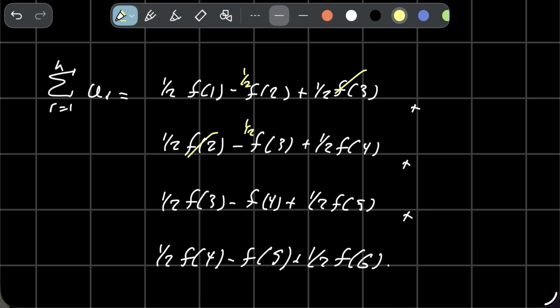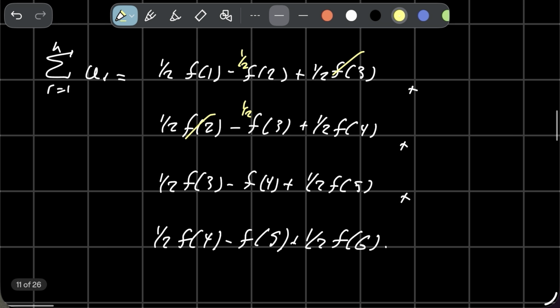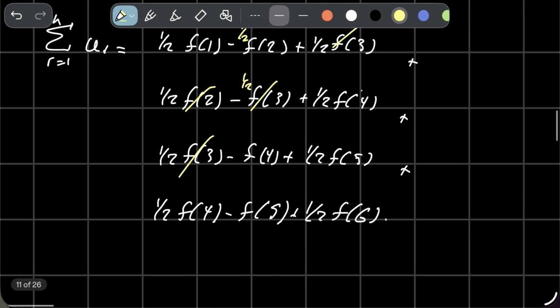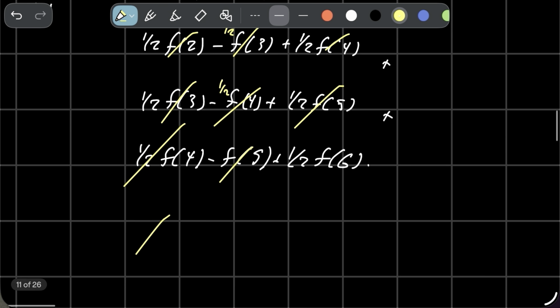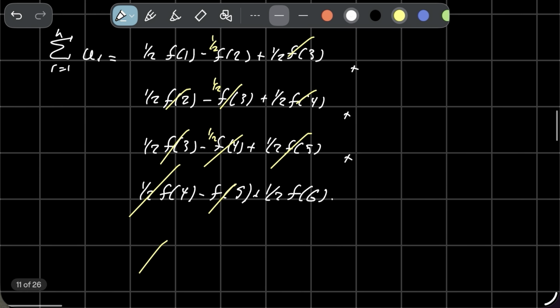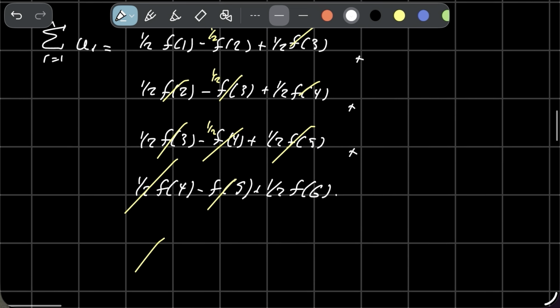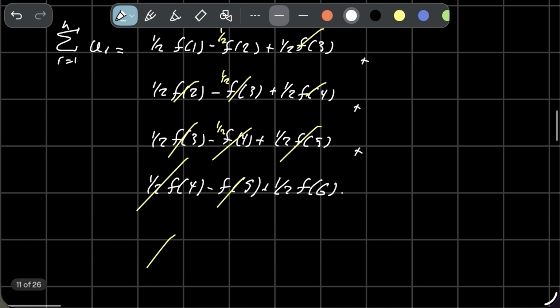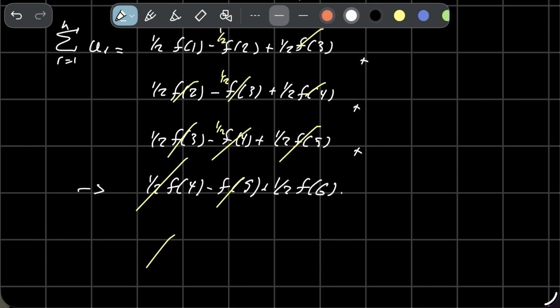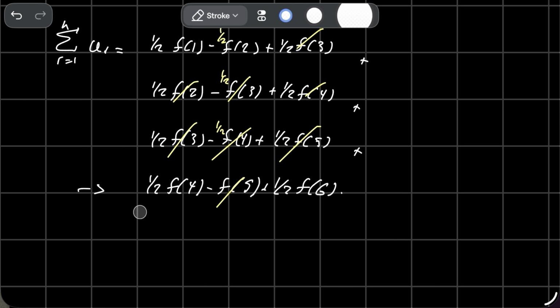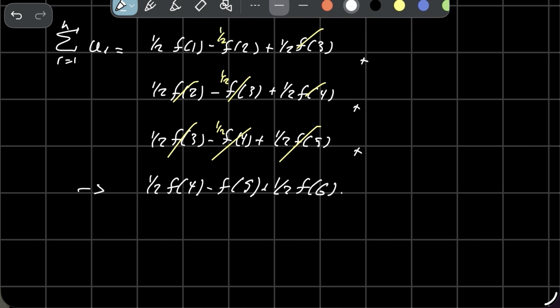If we continue one step, we will see that f4 will also partially cancel. We will have minus half f4, which will completely cancel with this one. f5 will be the same. Therefore, let's say we stopped at this step.